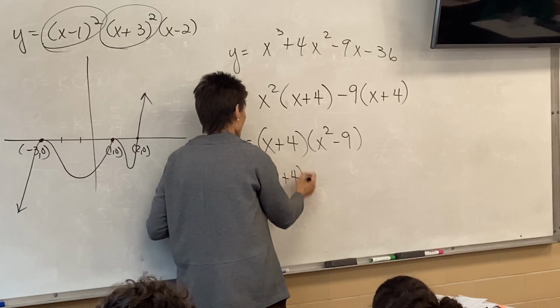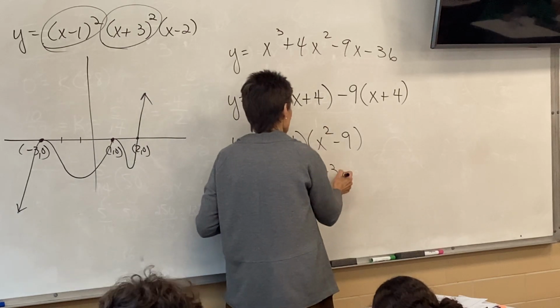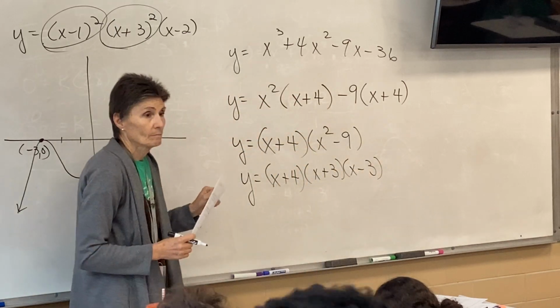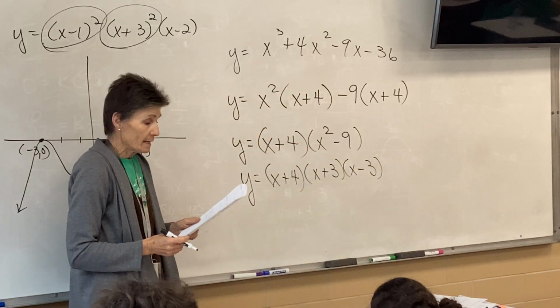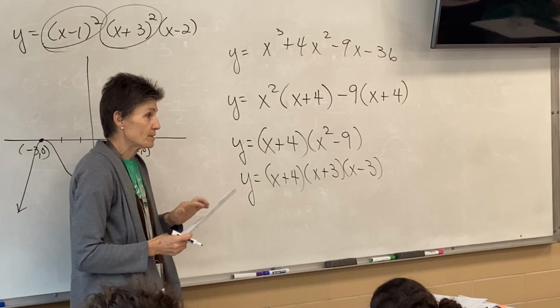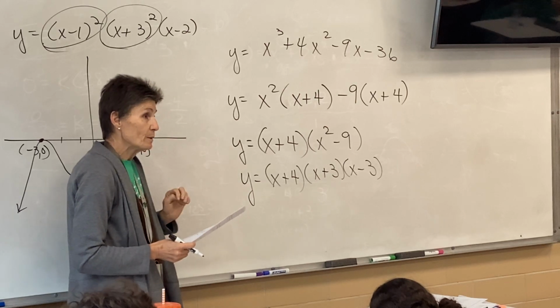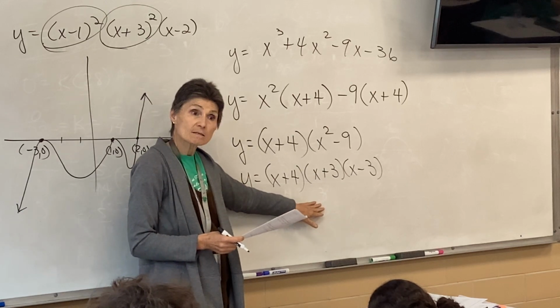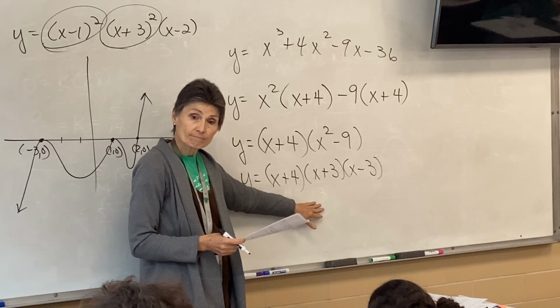So x plus 4, x plus 3, x minus 3. If your job is to sketch this, we need these factors. Because what do these factors give us? The points.